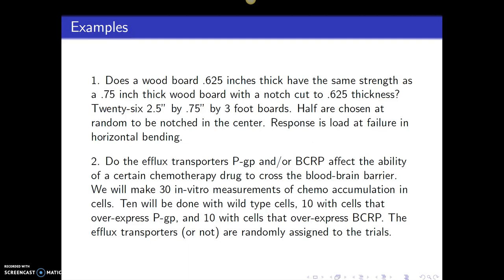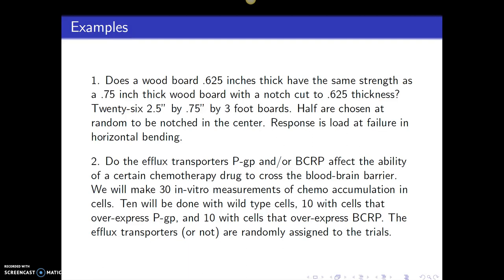Here's another scenario. Do the efflux transporters PGP and BCRP affect the ability of a certain chemotherapy drug to cross the blood-brain barrier? We'll make 30 in vitro measures of the chemo accumulation in cells. 10 will be done with wild type.